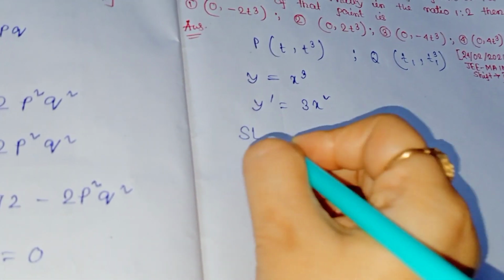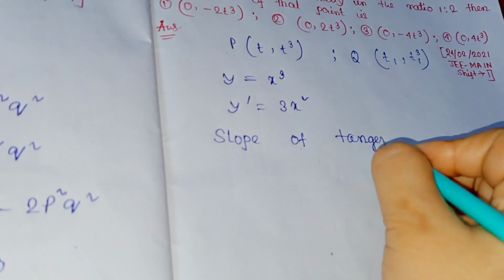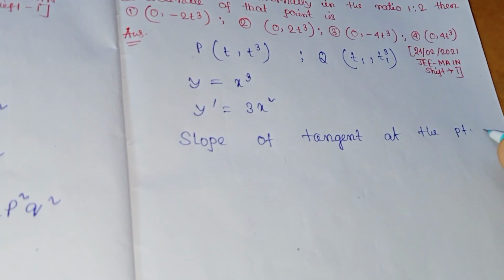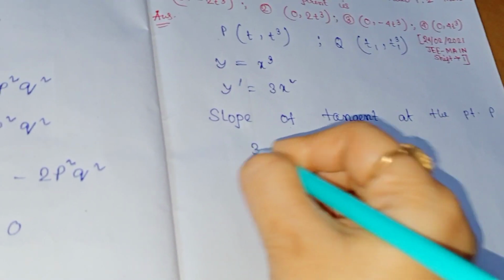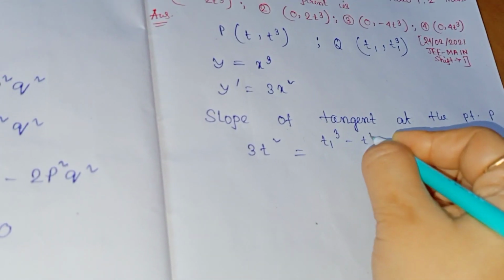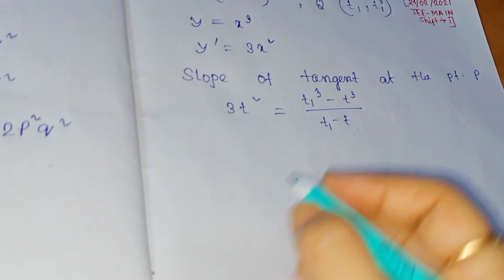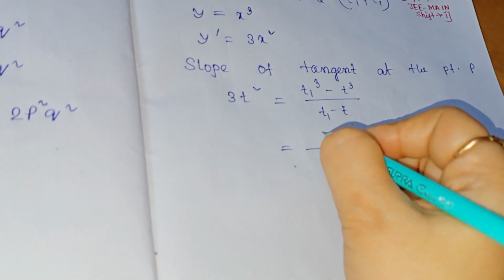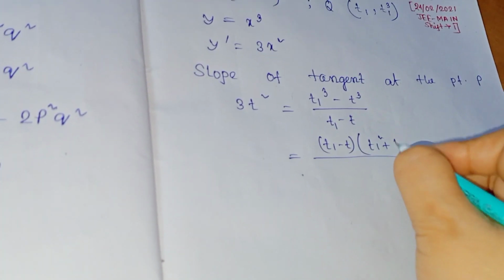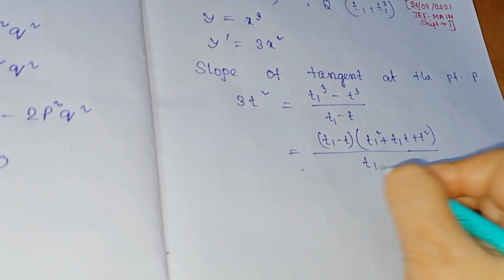Now slope of tangent at the point P is equal to 3t square, which is equal to t1 cube minus t cube divided by t1 minus t, that is equal to t1 minus t into t1 square plus t1t plus t square divided by t1 minus t.